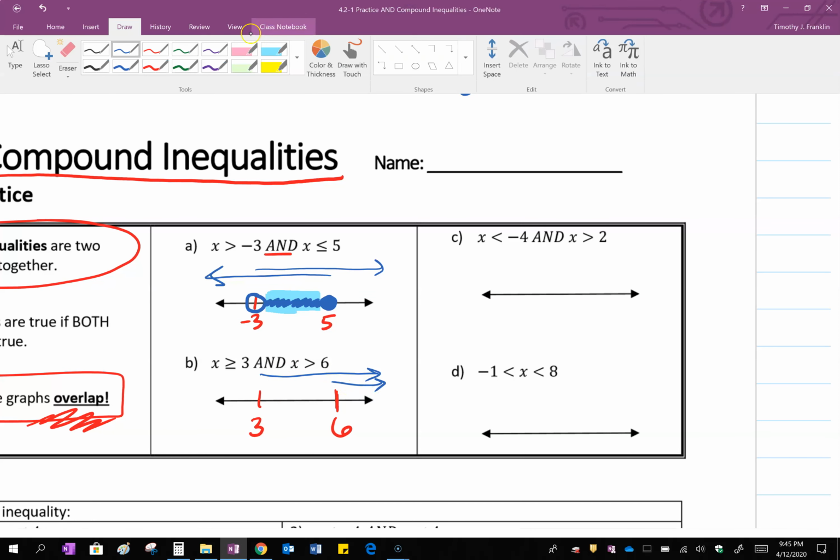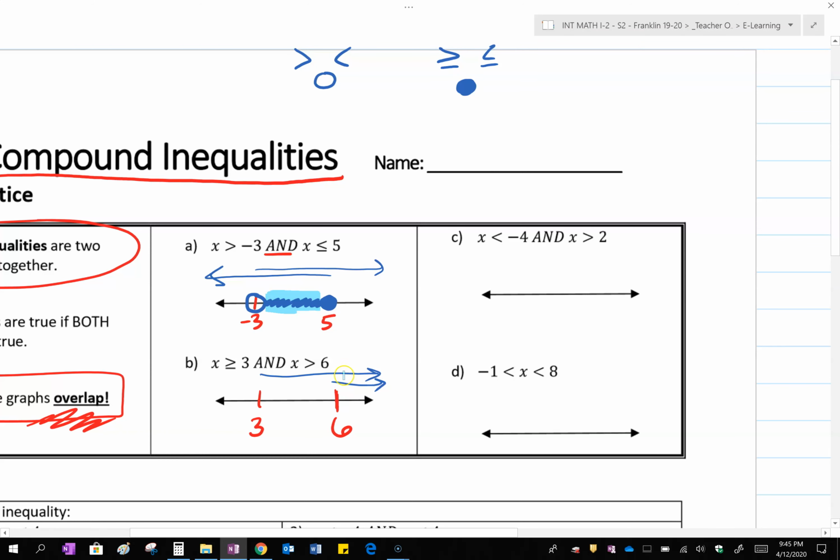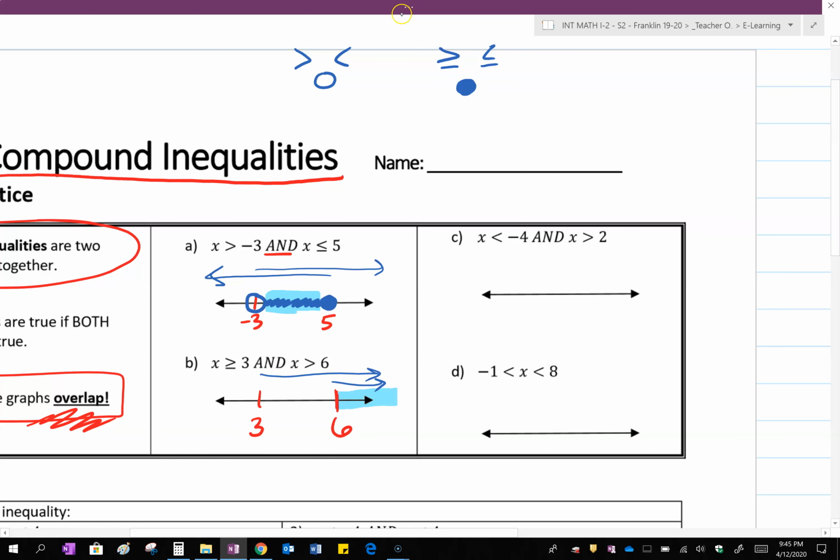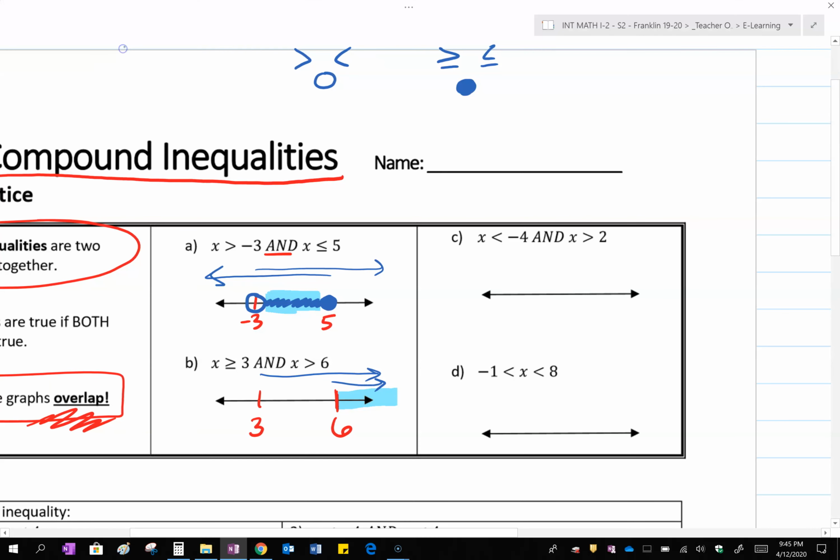So here, the overlap is actually above the 6. Right? They don't overlap in between. They don't overlap to the left. They both overlap to the right. So we actually ignore the 3 completely. Just put the circle on the 6 and shade to the right. Okay, so their overlap area is just to the right-hand side.